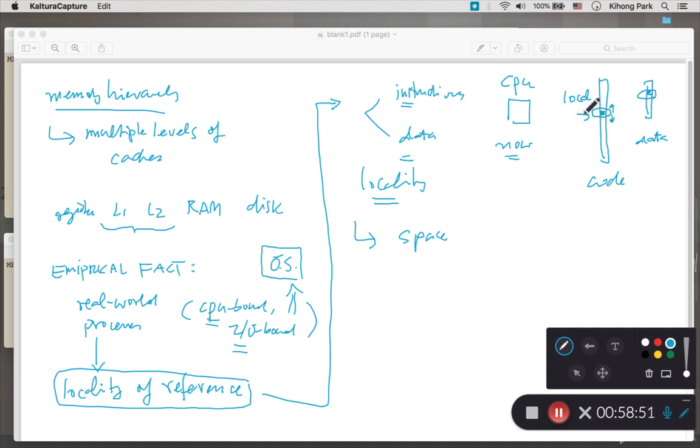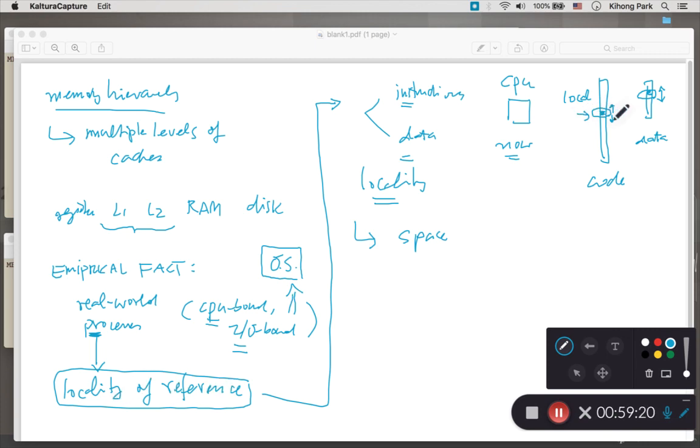It turns out that when we have real-world apps that are running as processes, then they tend to repeat the same instructions within this window again and again and again for a long while. And when these instructions are repeating, then they tend to access the same data within a window again and again and again. So this reference means to access.